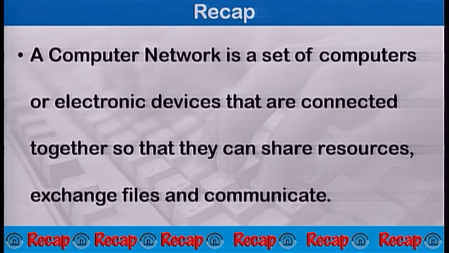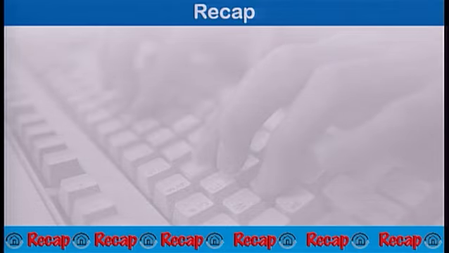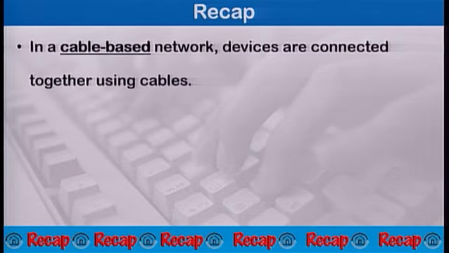We recalled from what we learned in grade 7 that a computer network is a set of computers or electronic devices that are connected together so that they can share resources, exchange files, and communicate. We learned that in a cable-based network, devices are connected together using cables.